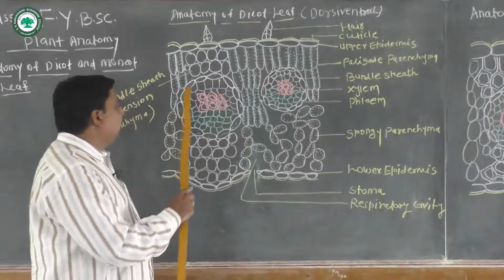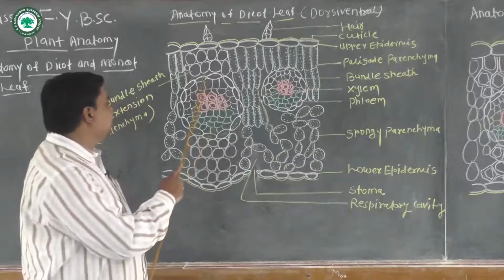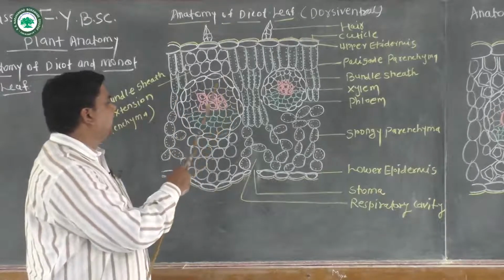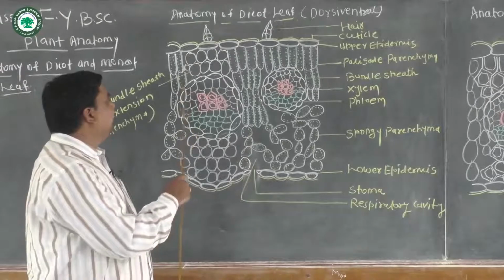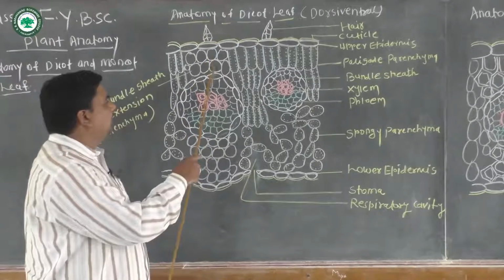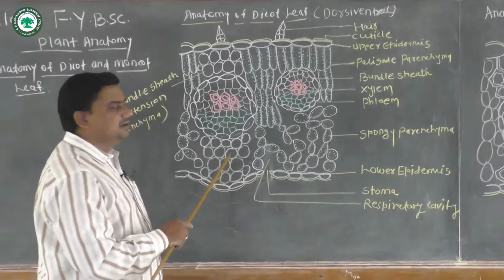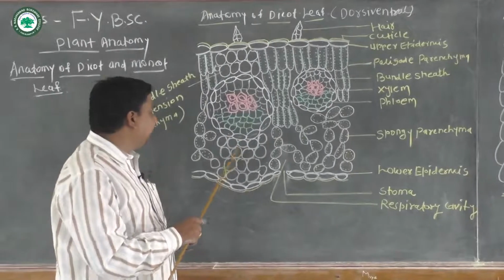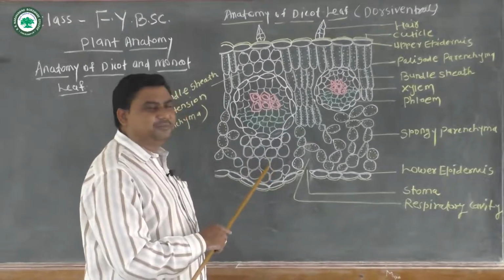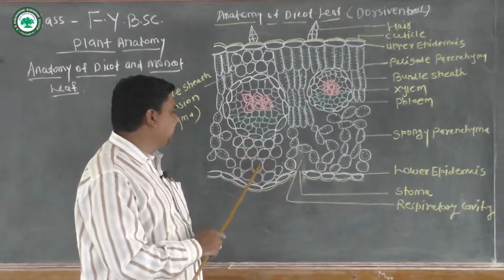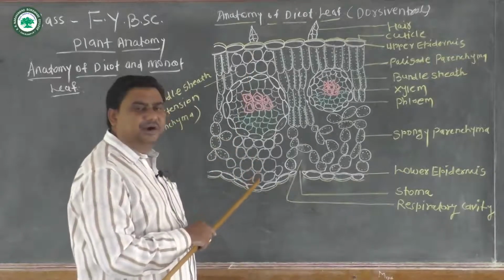Okay. Then the bundle sheath is made up of parenchymatous cells. Above and below this bundle sheath, there are cells made up of collenchymatous cells toward the upper epidermis and up to the lower epidermis.